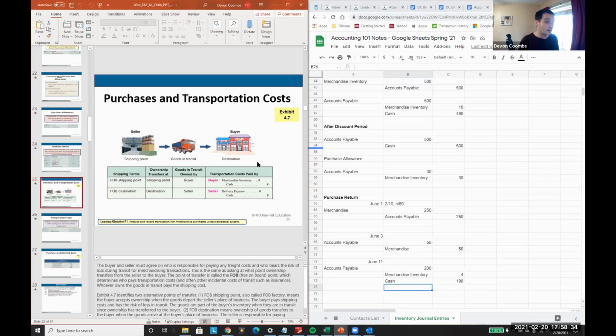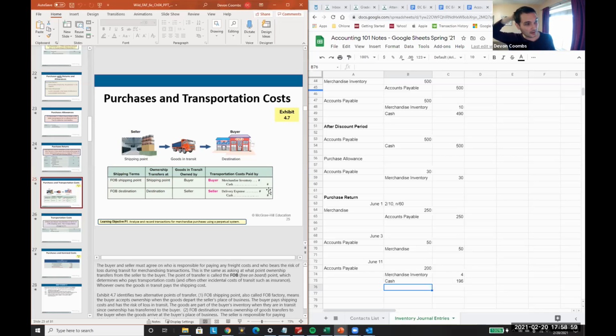So you have to remember this chart. Who is going to pick up the inventory? If it's us, then we have to do FOB shipping point. Shipping point means it's unfavorable to us because we have to send our trucks and pick it up from the place of shipment. Destination means it's sent to us and we might pay for the shipping, we might not.